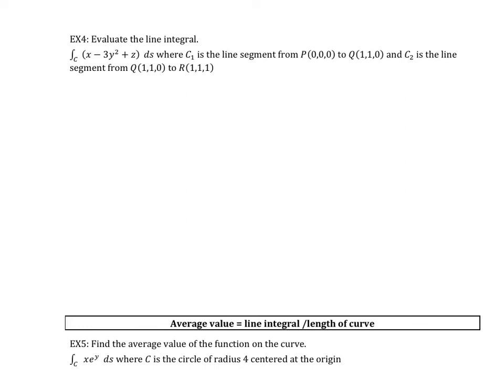So I'm going to define two curves, r sub 1 and r sub 2. My r sub 1 is going to go from P to Q. And then r sub 2 will go from Q to R.